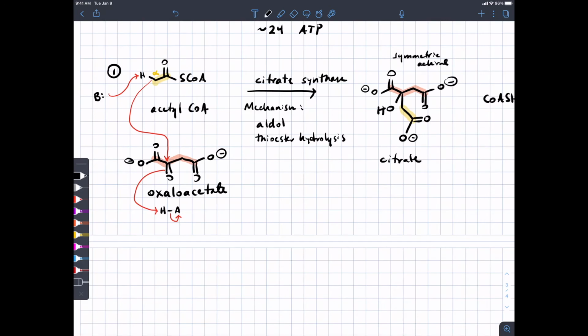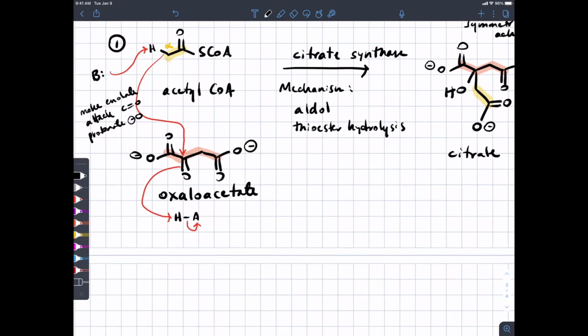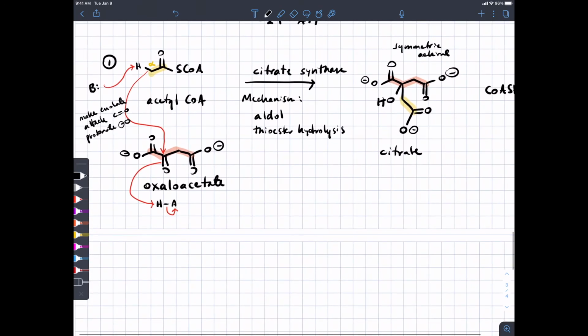So basically what we've done here is shorthand for make enolate, attack the carbonyl carbon, and protonate the negatively charged oxygen in the tetrahedral intermediate. And previously we would have drawn that out in 3 different steps. Here, because I am lazy, we are doing it this way. If you want to draw them out individually, that's fine too.